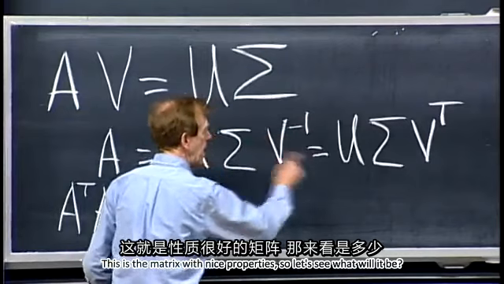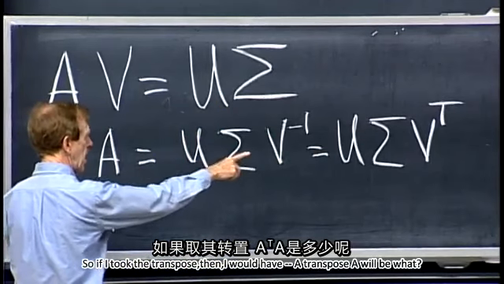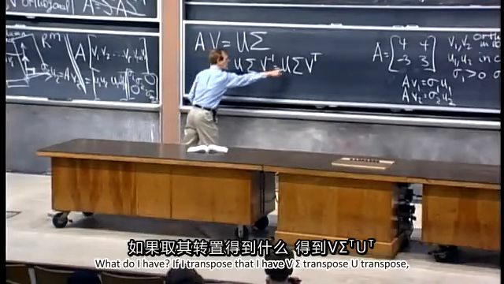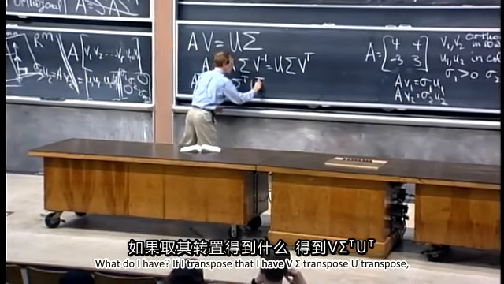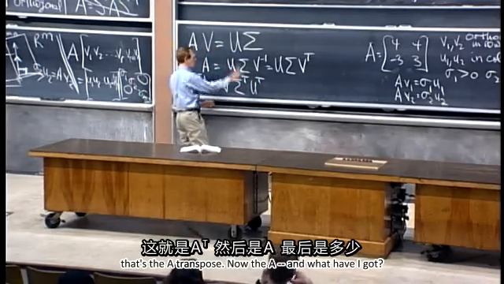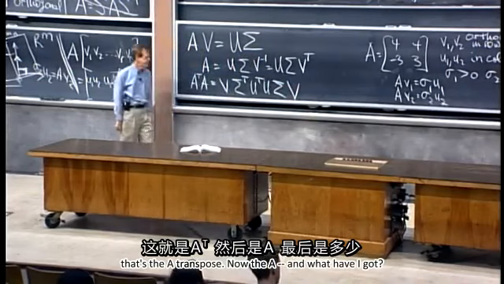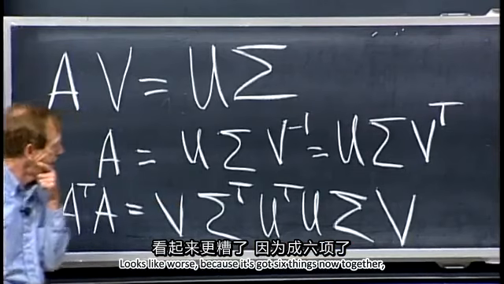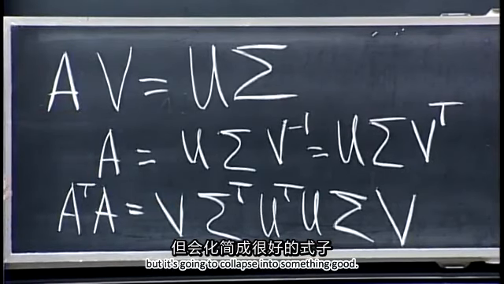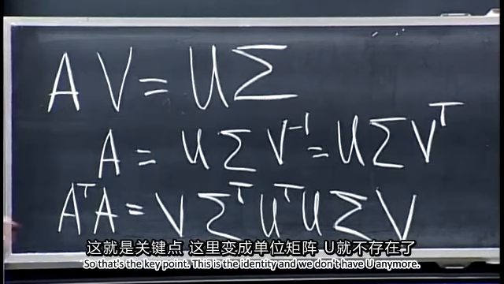So let's see what it will be. If I took the transpose, A transpose A will be what? If I transpose that, I have V sigma transpose U transpose. That's the A transpose. Now the A. Looks worse, because it's got 6 things together now, but it's going to collapse into something good. What does U transpose U collapse into? I, the identity. So that's the key point.